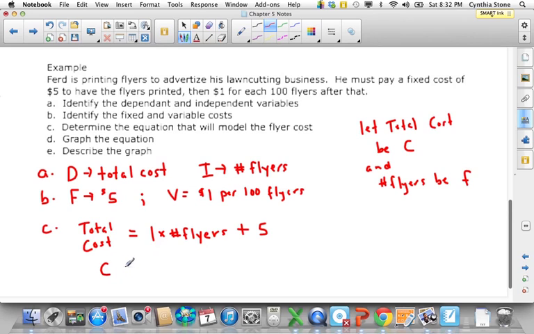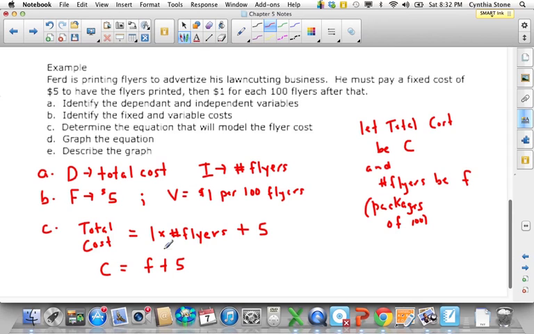C equals F plus 5. Really, it's the number of packages of 100. And I just said F instead of 1 times, because 1 times anything is just that. So there's my equation.